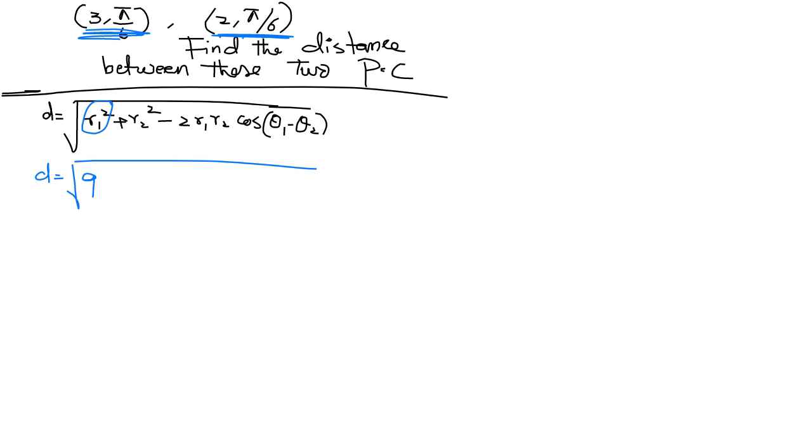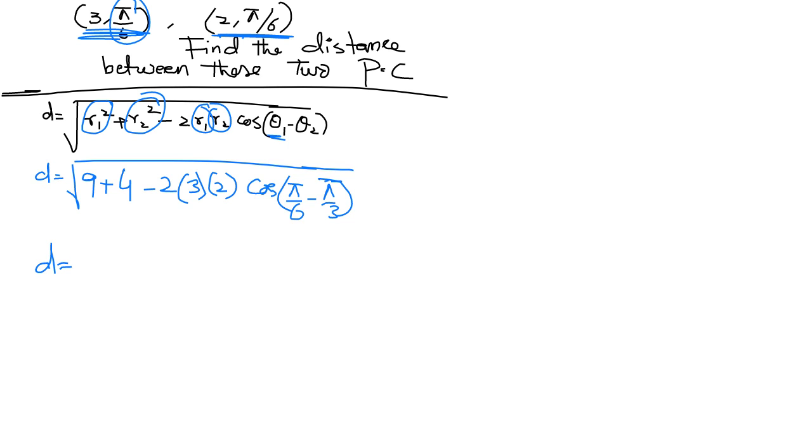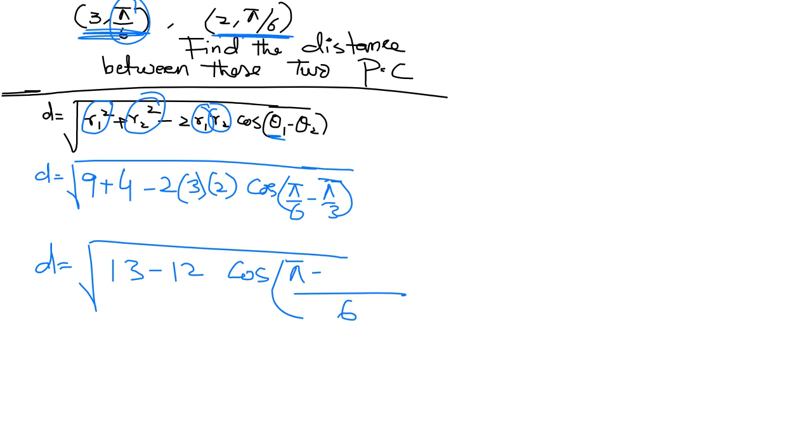So r1 square means 9 plus r2 square means 4 minus 2 r1 r2, so 3 and 2, cosine of theta 1, which is pi by 6, minus theta 2, which is pi by 3. Okay, so when you simplify this, what will you get? Square root of 13 minus 12 cosine of, solving these angles, pi by 6 minus pi by 3.